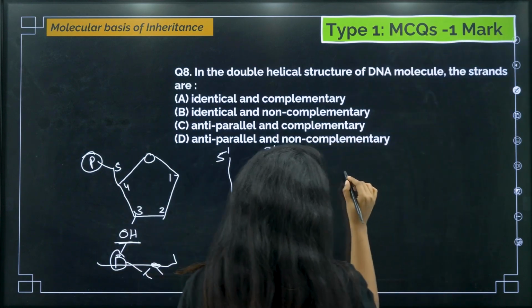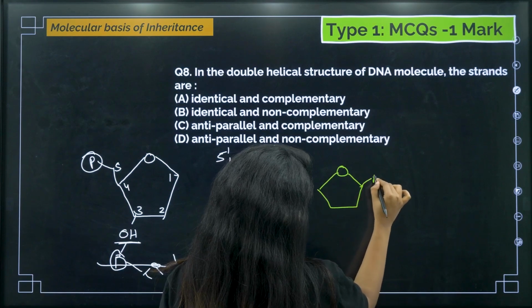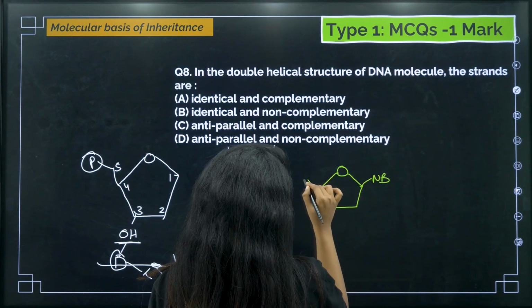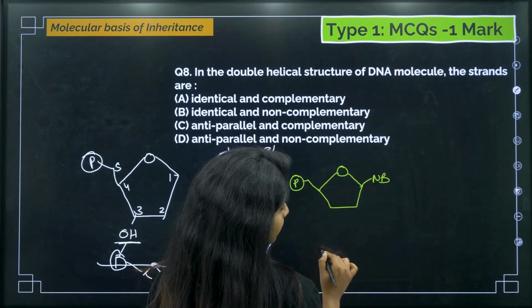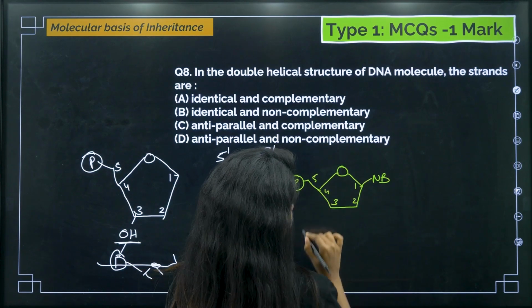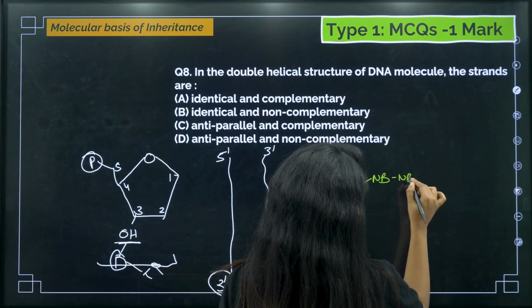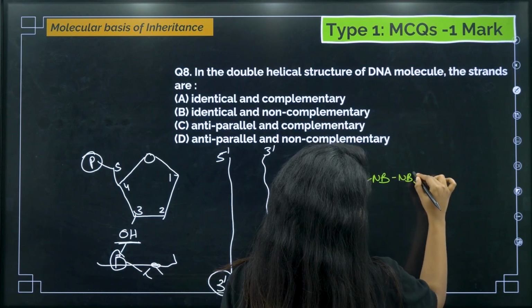So this is the sugar, this is the nitrogen base, this is the phosphate group. Over here this is the 1st, 2nd, 3rd, 4th and 5th carbon. Now how do you make the other strand? You have to make it opposite. So this will be the nitrogen base. Now over here the sugar will go like this.